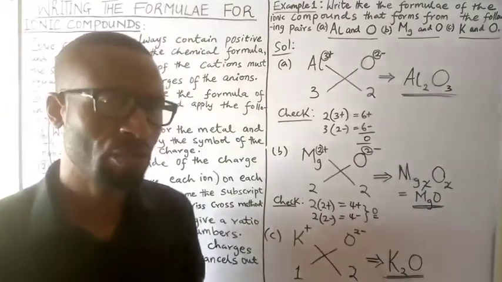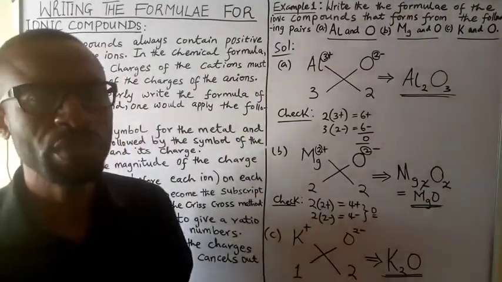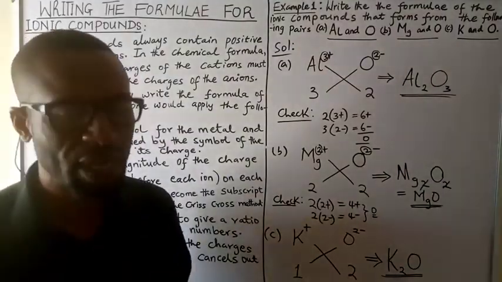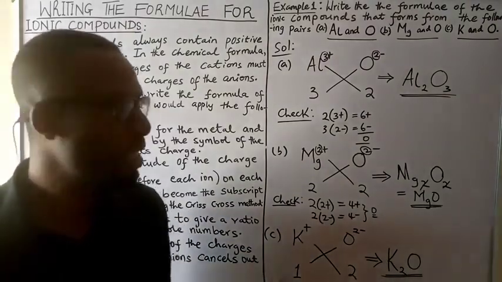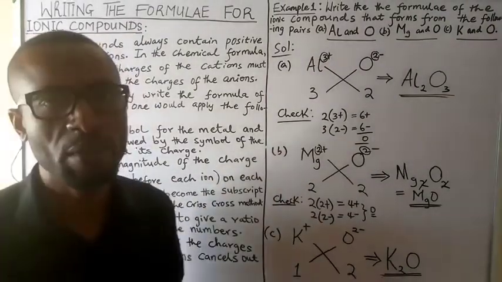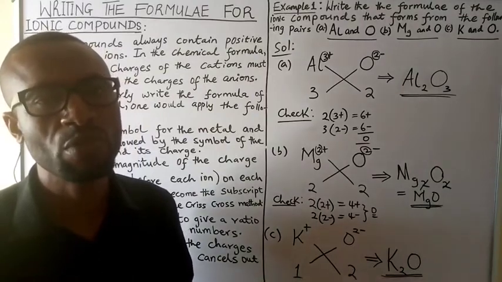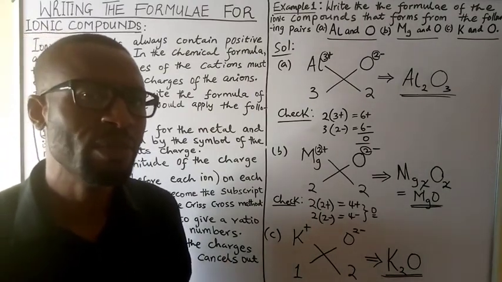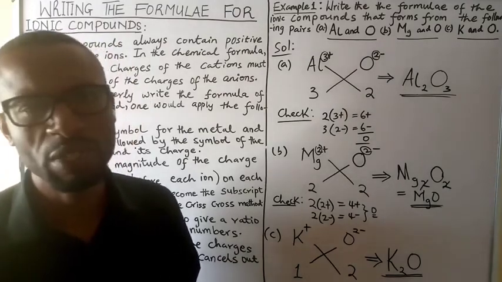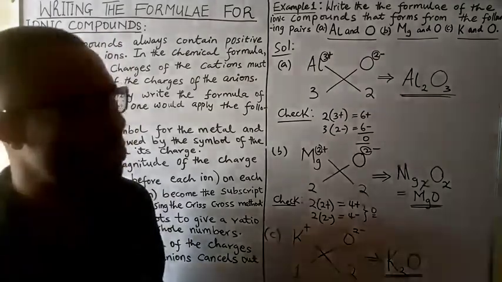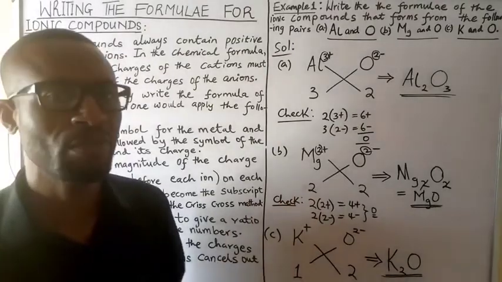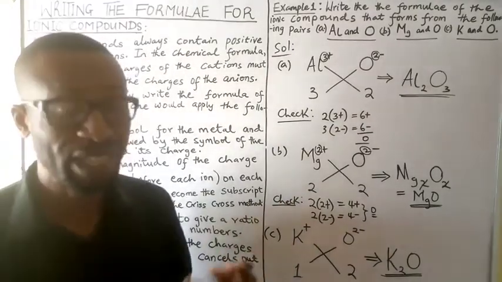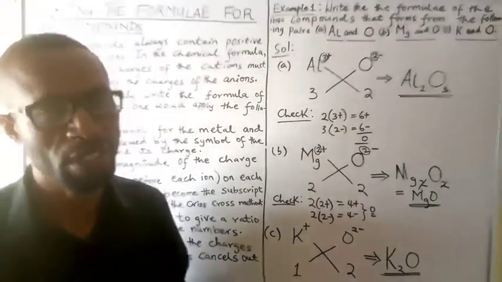In the next lecture video, I'm going to go deep into naming of the different types of ionic compounds. Of course, these are simple kinds of ionic compounds, but we even have some polyatomic compounds that are complex, and their names are special, especially when you begin to introduce some special class of metals called transition metals that have variable oxidation states.